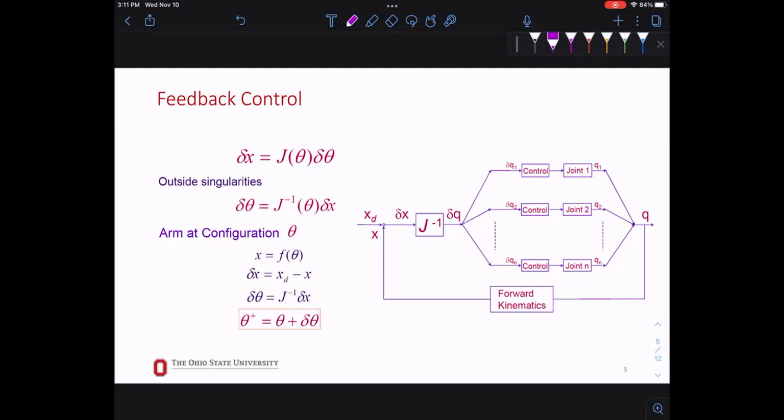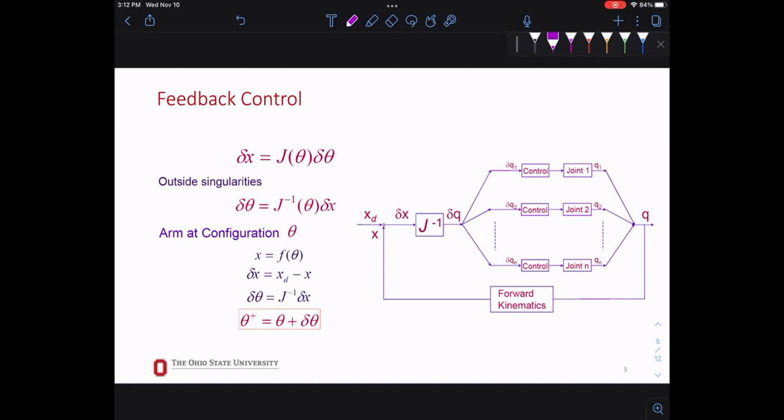So finding delta theta from the Jacobian inverse multiplied by delta X, we know that our arm will be initially at some theta position here. We have values for all of our joints. Now X is f(theta), and delta X is X desired minus X that you currently are.